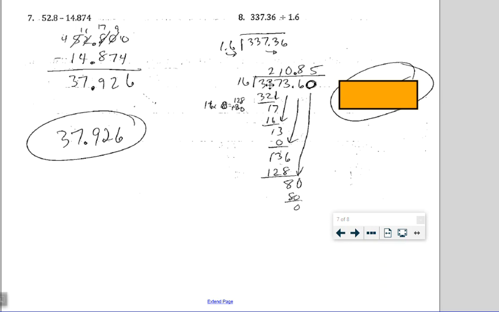I get 32, and I keep going with long division. Now, eventually something's going to happen where I get a remainder right here. So I have to add a 0 at the back of the 6 and keep going until I don't get a remainder anymore, which will be the next step. And my decimal point will come straight up in the end, 210.85. So that's the division one.